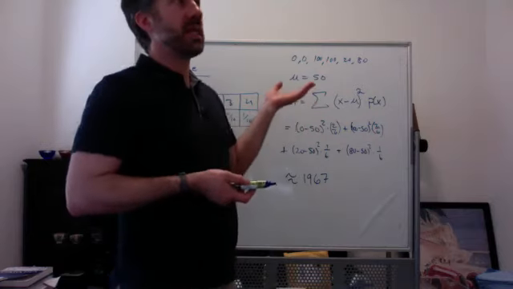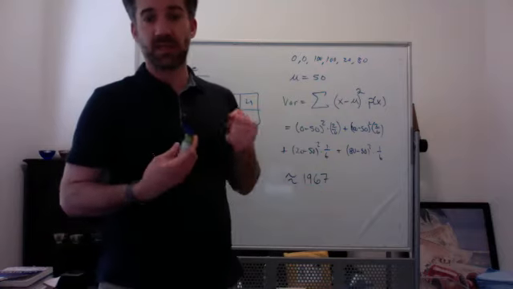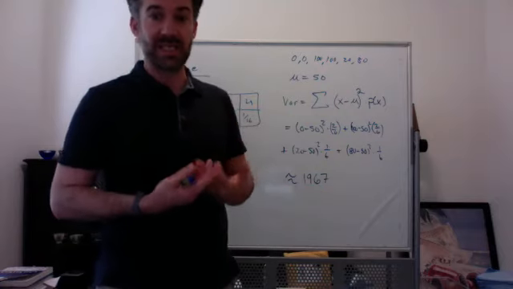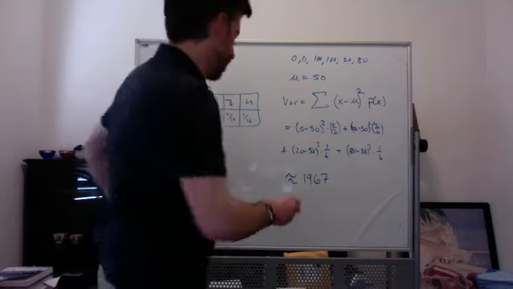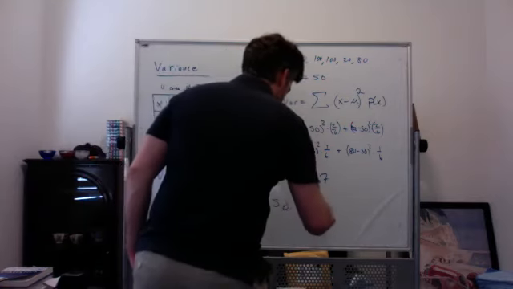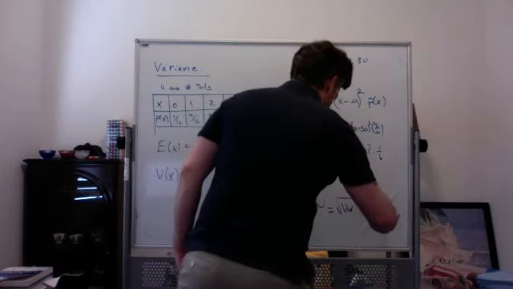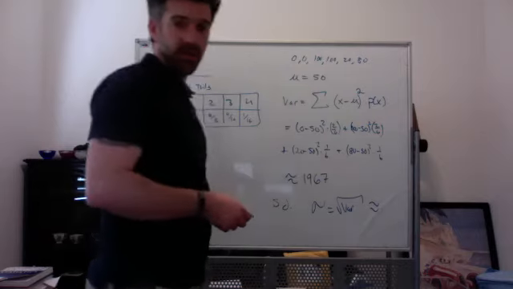So even though the variance is a measure of variability, it's more useful to talk about the standard deviation, which is the square root. You use the symbol sigma, and it is the square root of the variance. In this case, that's approximately the square root of 1,967, which is about 44 points.